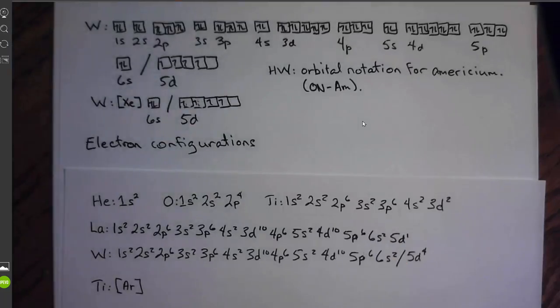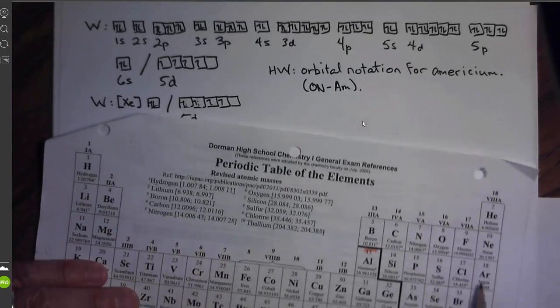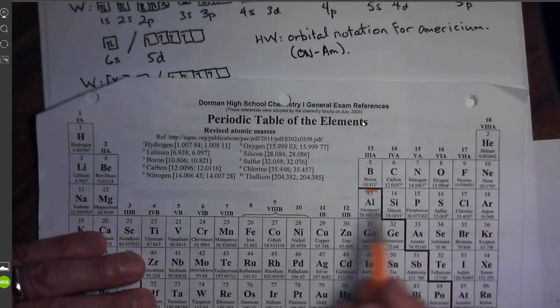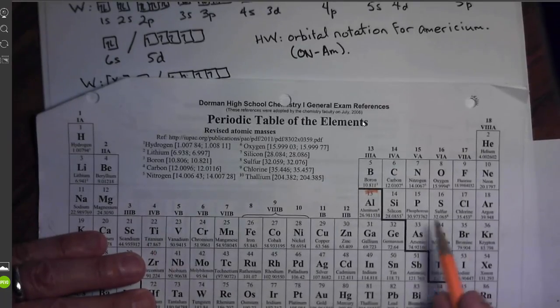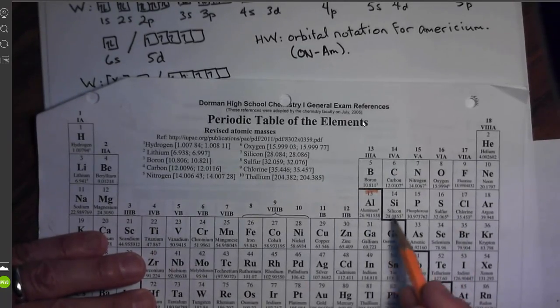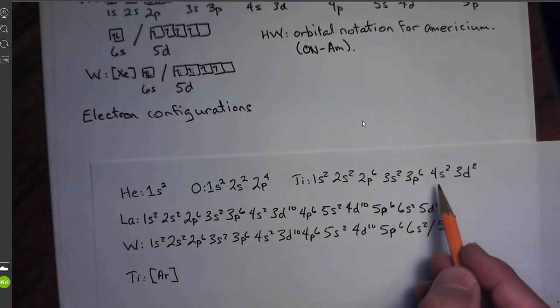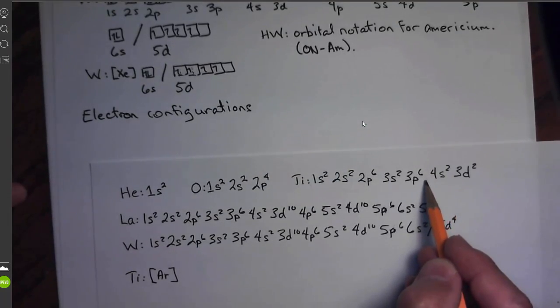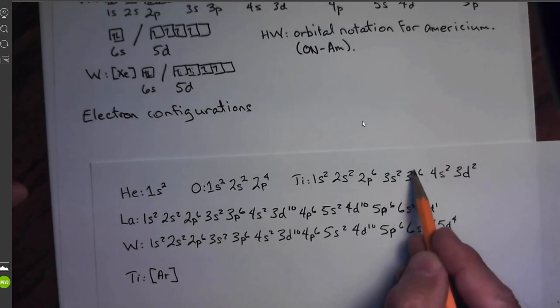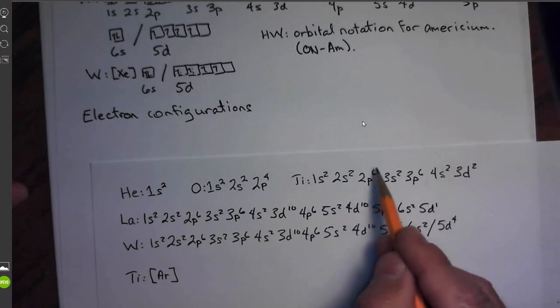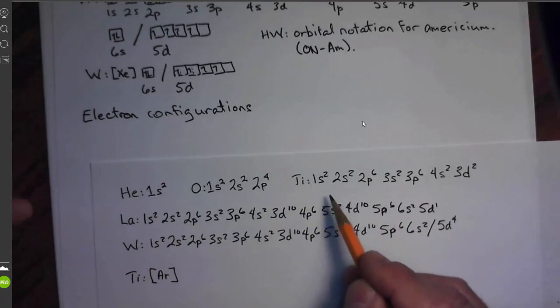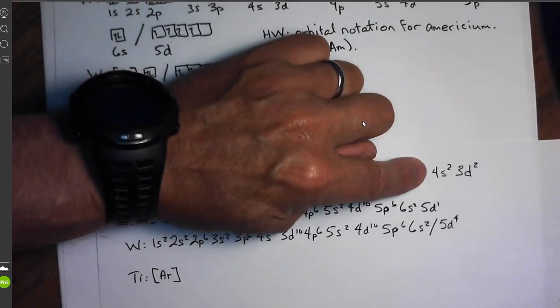Okay, let's make sure we're clear. Argon's right here on the periodic table. That's in the third row at the end of the 3p sublevel section. So 3p ends right here in titanium. So all this is the noble gas configuration for argon. So all I need is anything that goes beyond that.